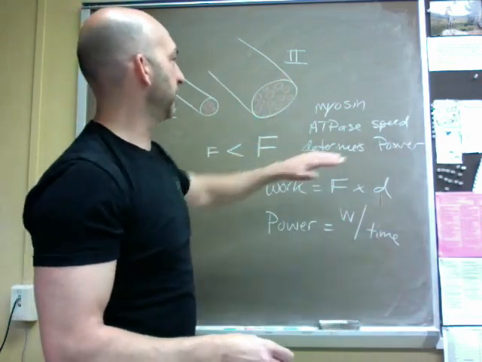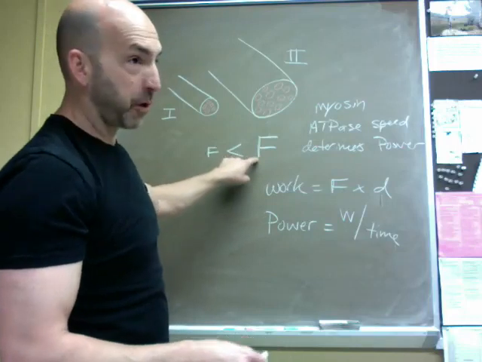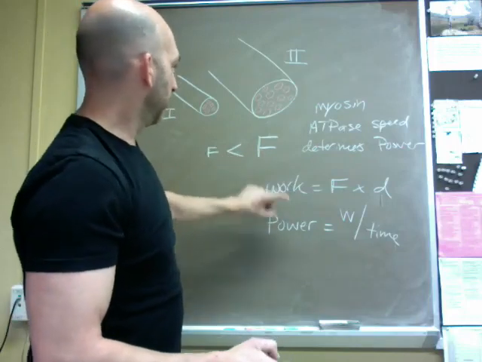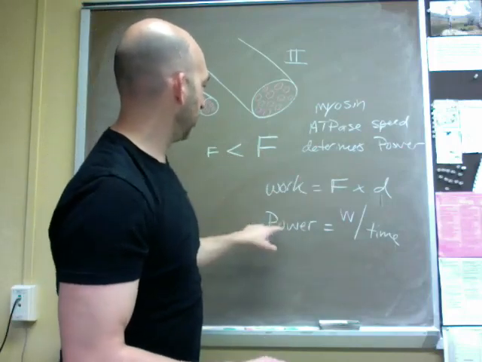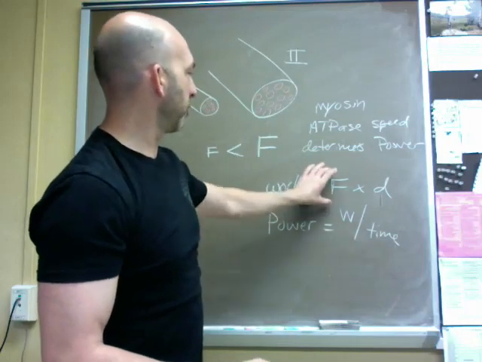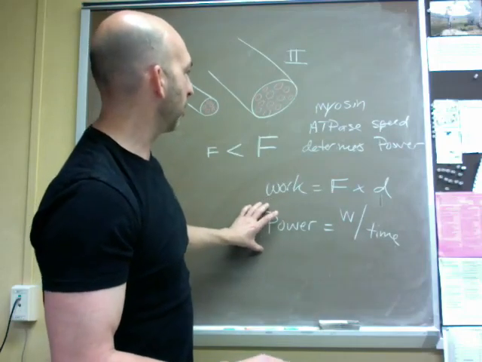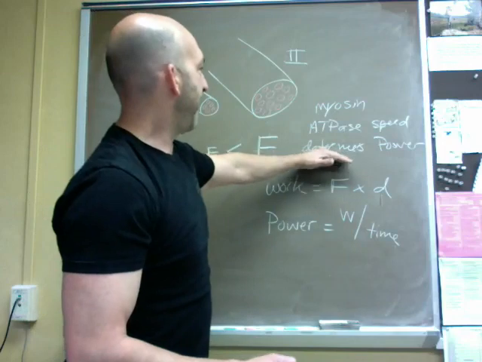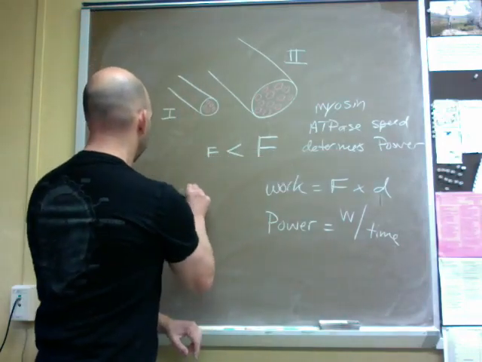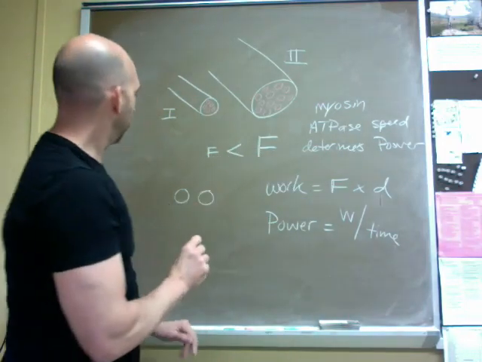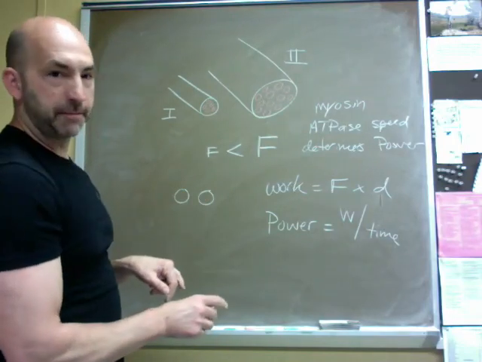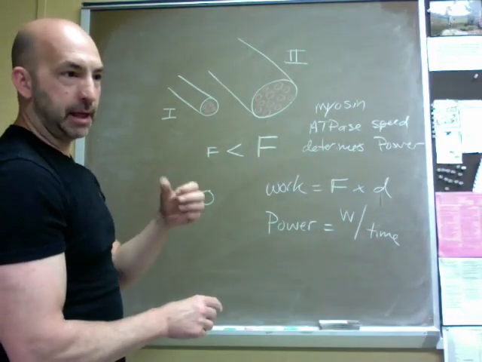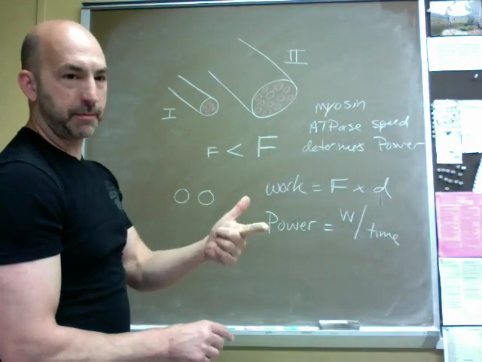I shouldn't say it's the only thing determining power, because also generating more force, right? Because force is in work and work is in power, so more force would also generate more power. But if we take two fibers that are similar in cross-sectional area, and they were the same fiber type, then they would generate the same force and the same power.